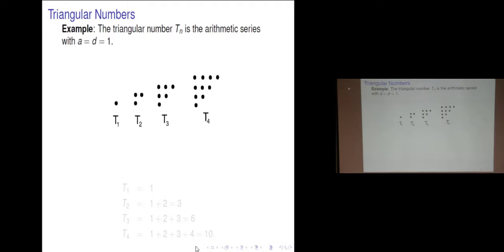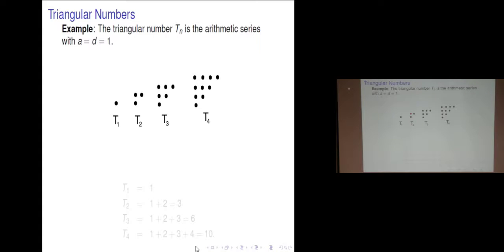Let's look at some concrete examples. There are numbers called triangular numbers, triangular because they correspond to triangles like this. The triangular number Tn is the arithmetic series with this particular first term and common difference. T1 is just 1. T2: it's a triangle, so the first line is 1, and then the second line is 2.